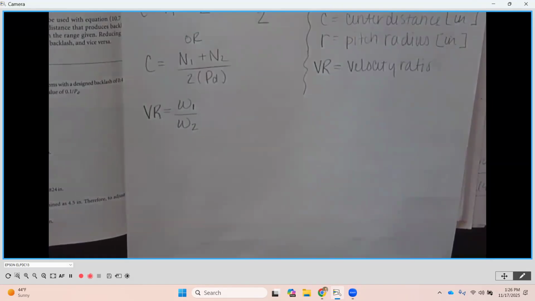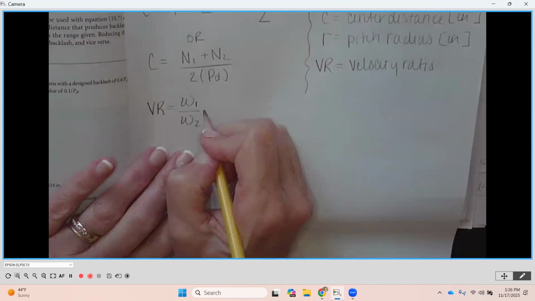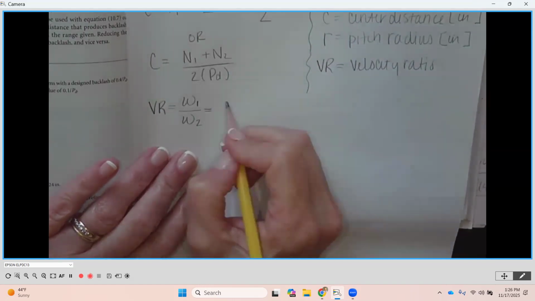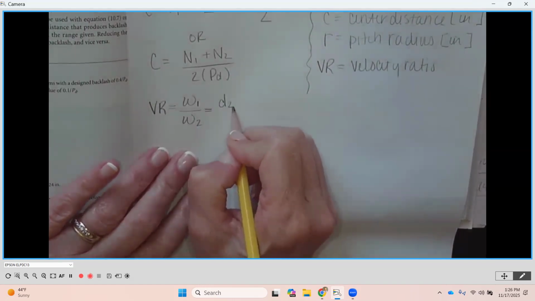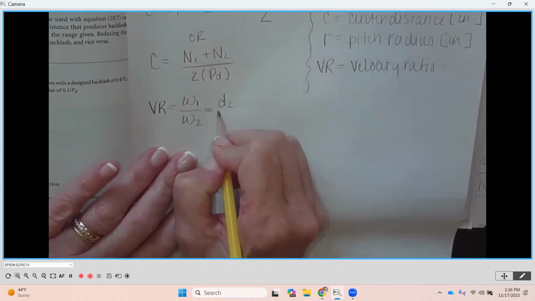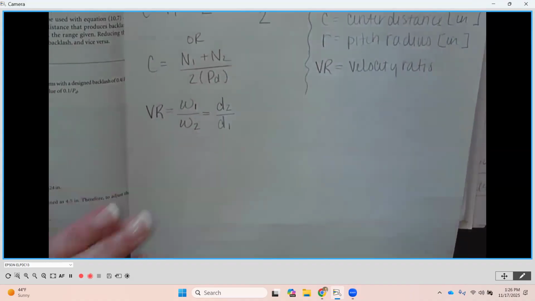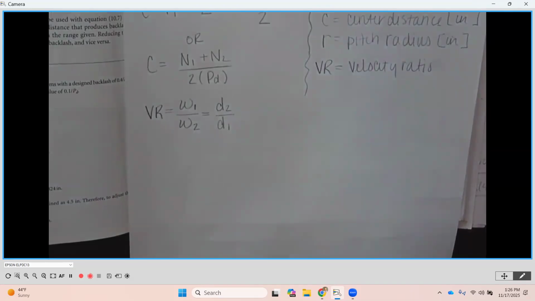Now, not only can we look at the rotational speed or the angular velocity of each one of the gears, we can also look at their physical sizes. Okay, so we can say it's also going to be equal to the pitch diameter of the gear, number two, which has to go on top here, divided by the pitch diameter of the pinion. The top value is always going to be the larger quantity.